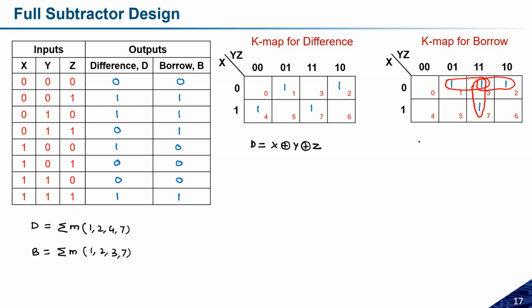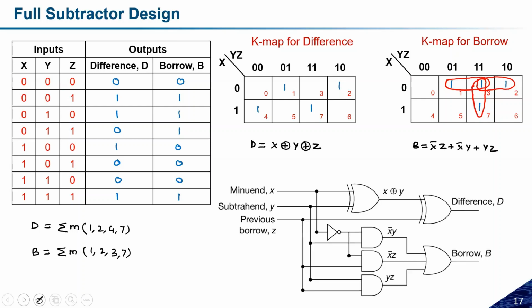And for the borrow, from here I will get x bar z plus x bar y plus y z. See here, x is again complemented and all the rest are the same. So if we try to design a circuit, it will be like this. Here we have complemented x and the rest of the circuit will be the same, just like a half adder.